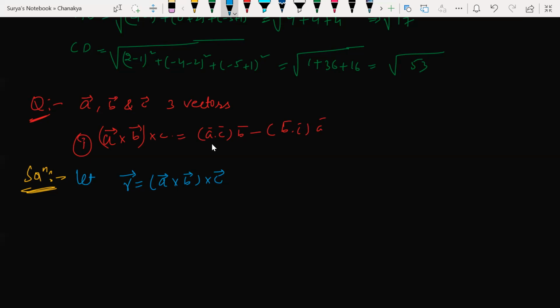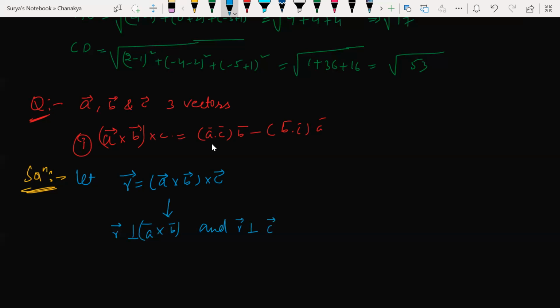So can I write that R is perpendicular to A cross B, and R is perpendicular to the C vector?